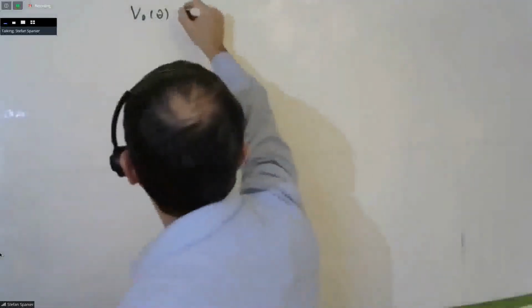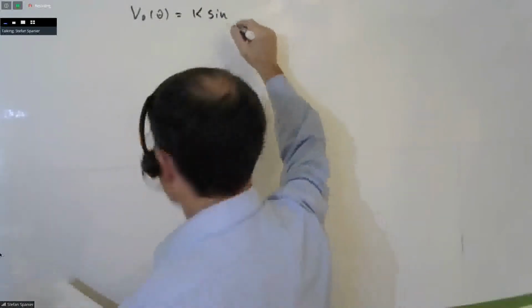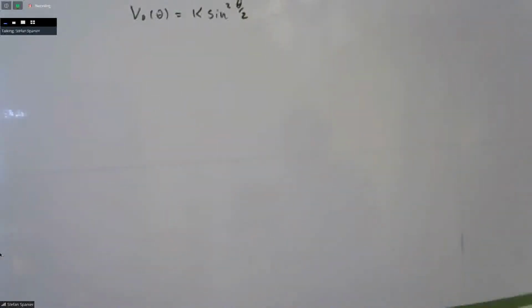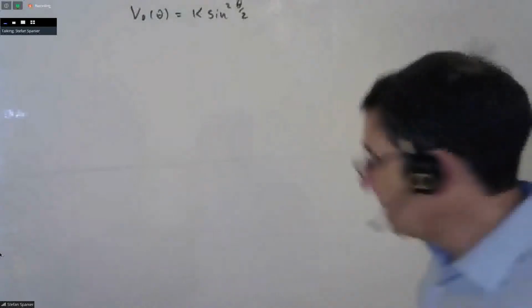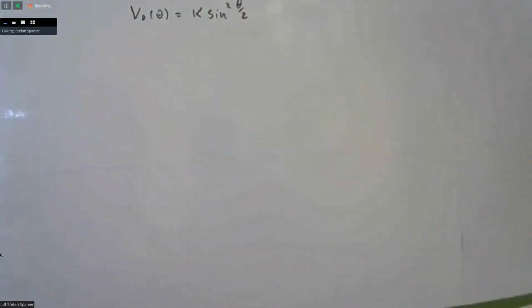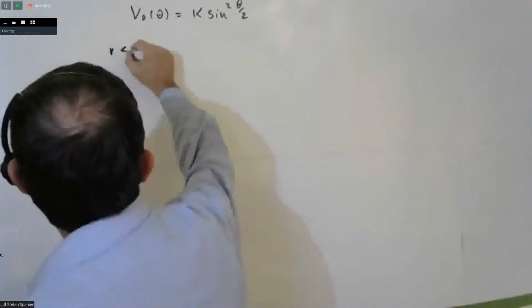In this case, it's given as k sine squared theta half. We have to be careful with the k now, of course. This is not the 1 over 4 pi epsilon 0. This is a constant. And it asks for inside, for smaller r.